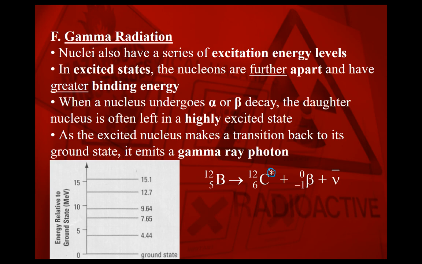So they want to move to an optimal configuration. When they move, you go from 12,6C excited state to 12,6C unexcited state. Your protons accelerate, and when they accelerate, we emit a gamma ray photon. This is usually accompanied with any radioactive process.